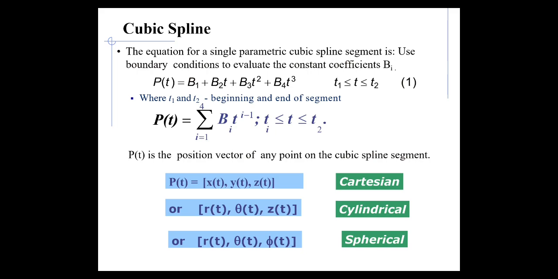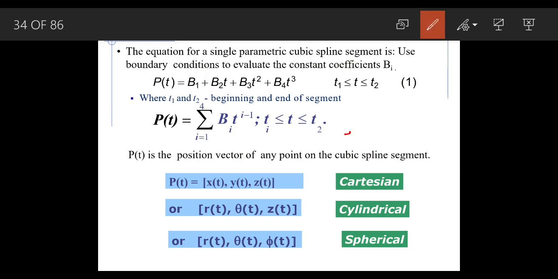Now, how can we represent this cubic spline curve with an equation? Here we consider a single parametric cubic spline curve. Again, it is a cubic spline, which means we consider only 4 control points, A, B, C and D, so the degree of the polynomial is 3.